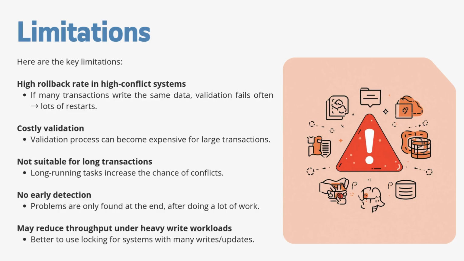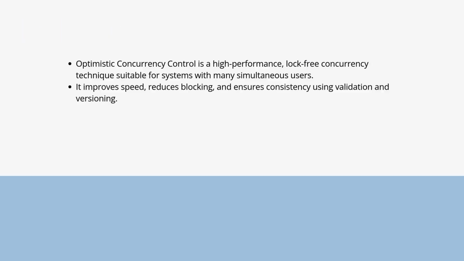Fourth, no early conflict detection because problems are only found at the end. Fifth, heavy write workloads may perform worse than locking. Therefore, OCC is best used when the probability of conflict is low and when the system is dominated by read operations rather than writes.